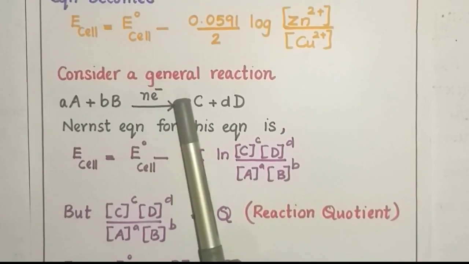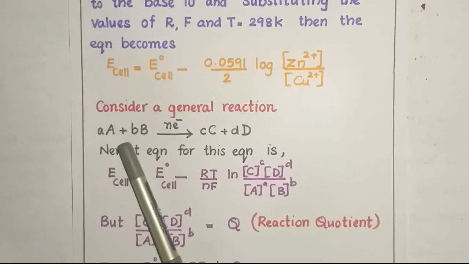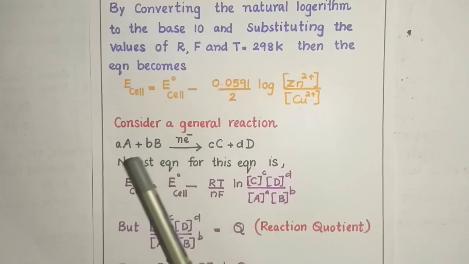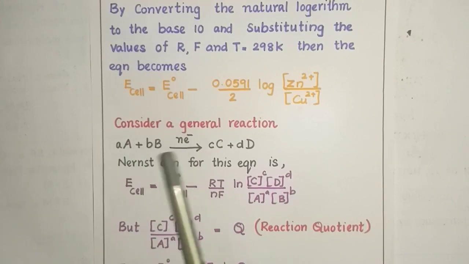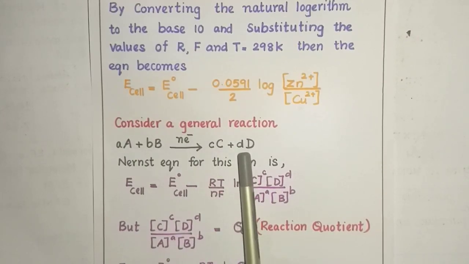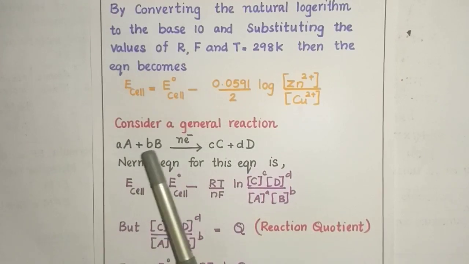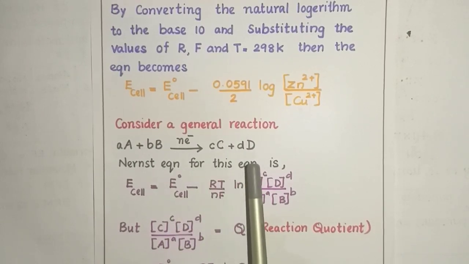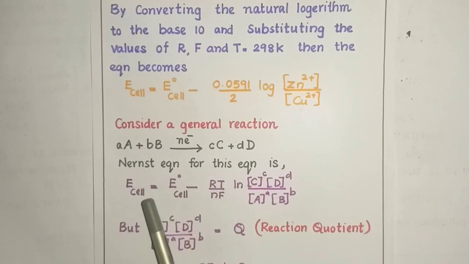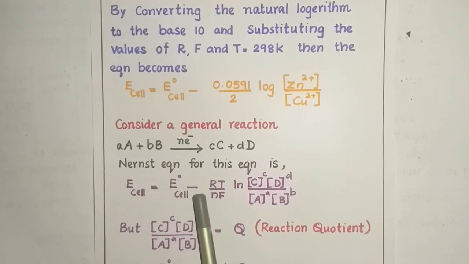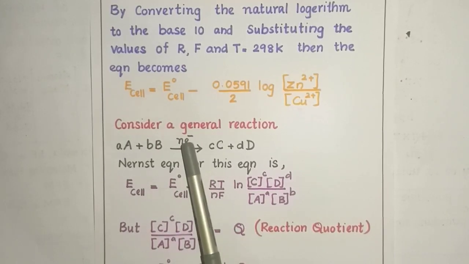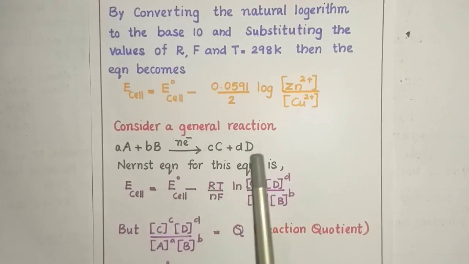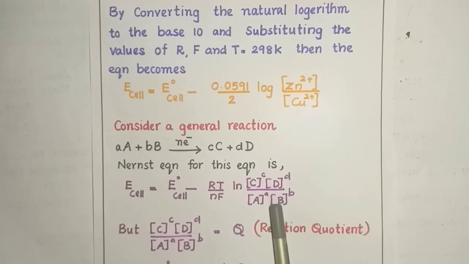Next, consider a general reaction. aA plus bB gives cC plus dD, where small letters a, b, c and d are the stoichiometric coefficients of the reactants and products A, B, C and D. Then the equation for this is E cell is equal to E0 cell minus RT by nF, where n is the number of electrons, ln concentration of products by concentration of reactants.